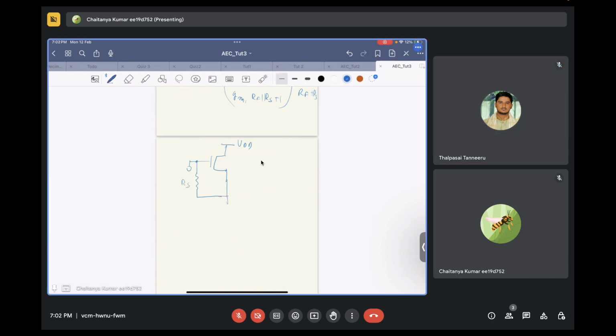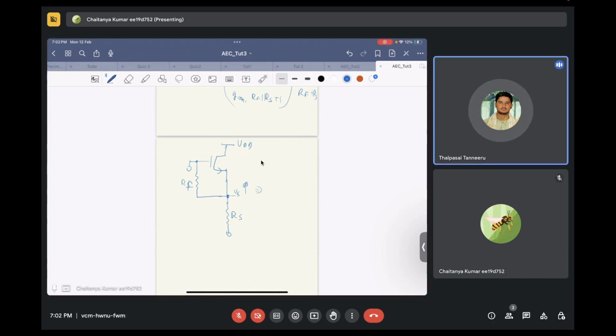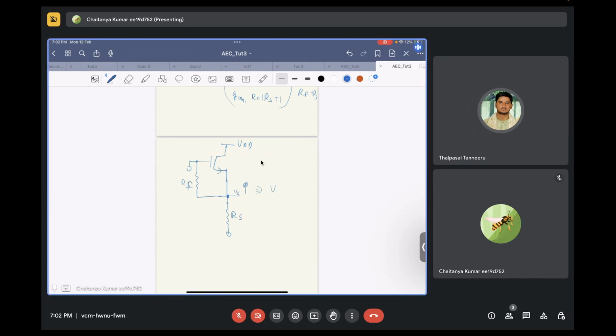This is RF, and this is RS. Now, let's say this voltage VS wants to go up. What will happen to VGS? VGS will reduce.